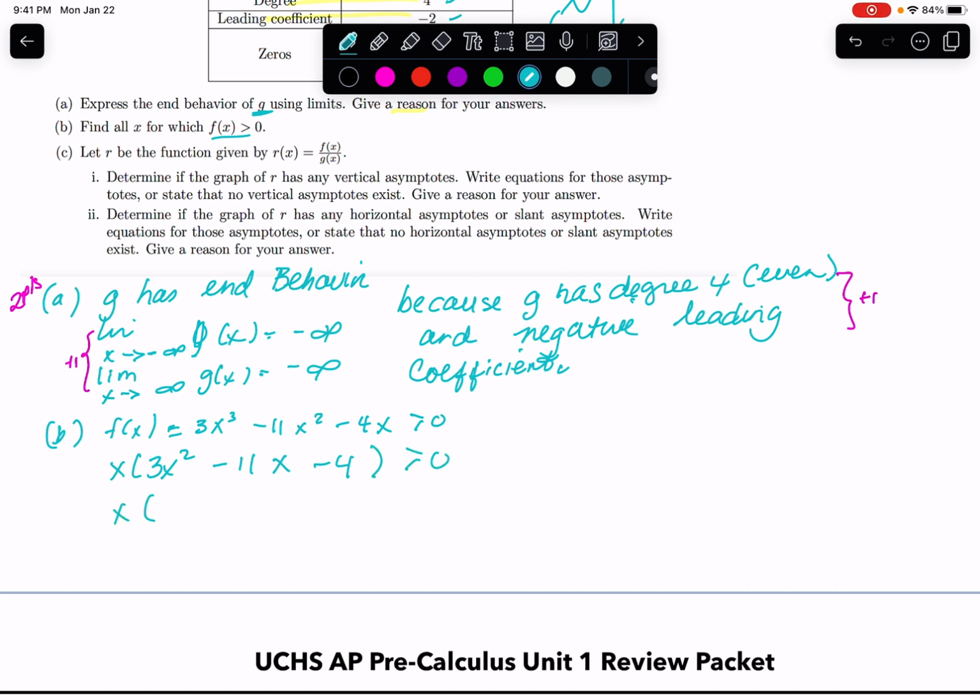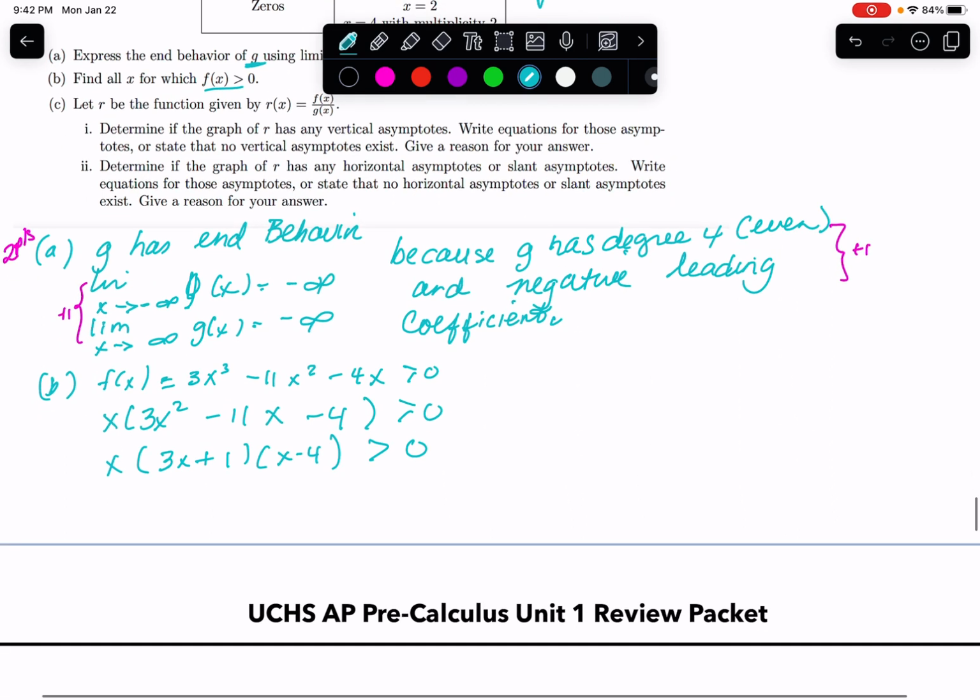And this would factor to 3x plus 1 and x minus 4. We can check that. Okay, FOIL it back. That would be negative 12x plus a 1x. So that would give you your negative 11x minus 4. So that's factored right.